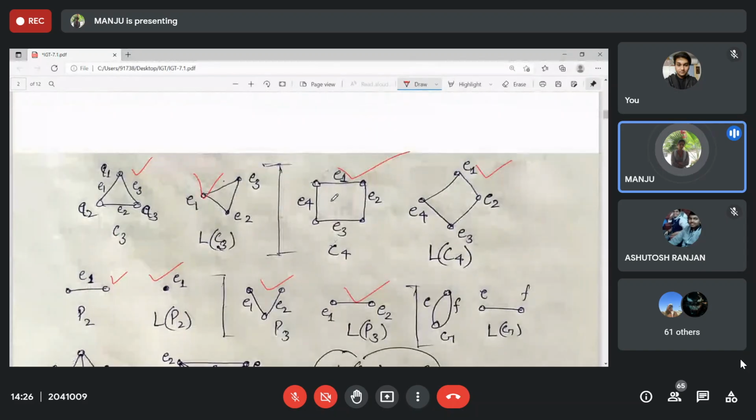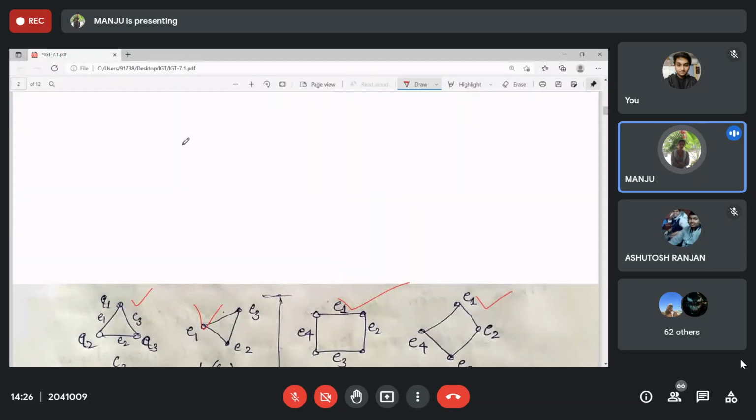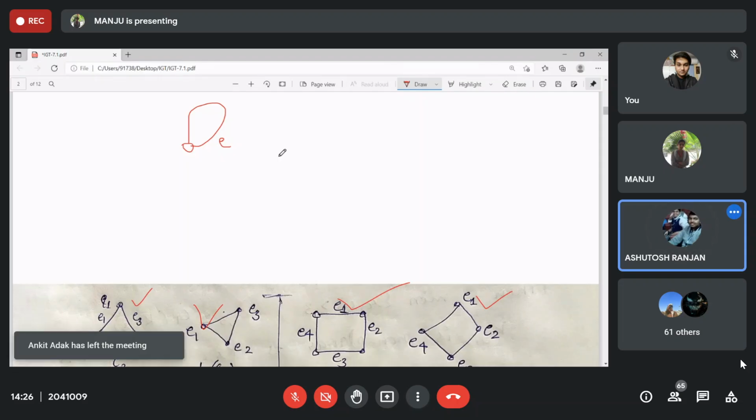What if you have a loop? The line graph of this one is a single point.